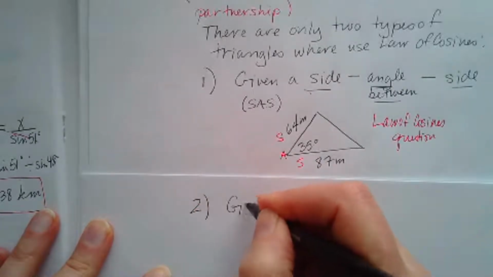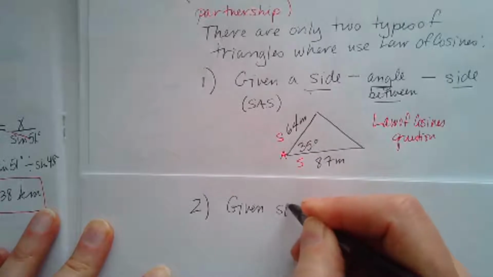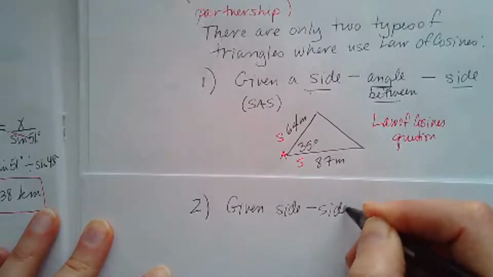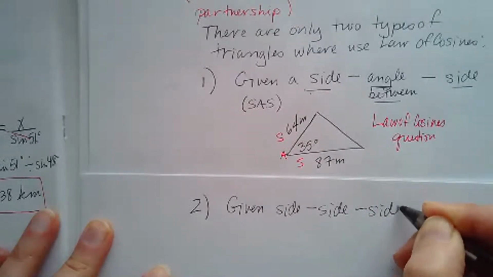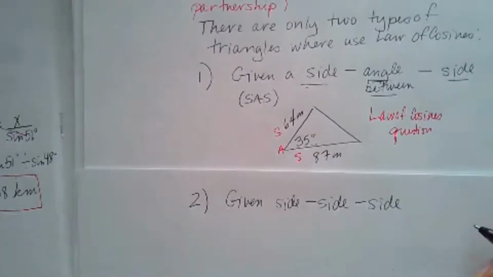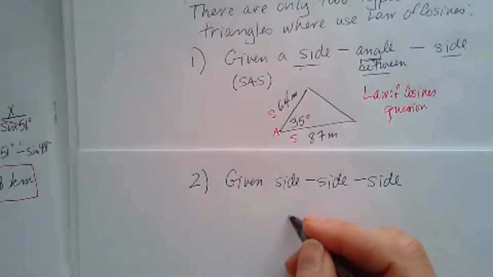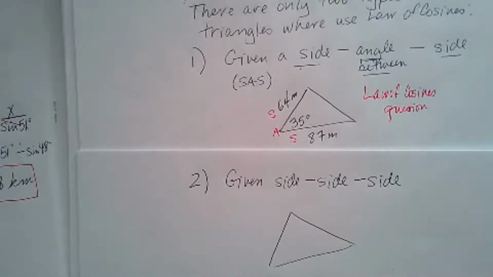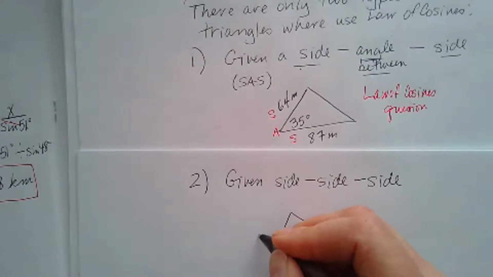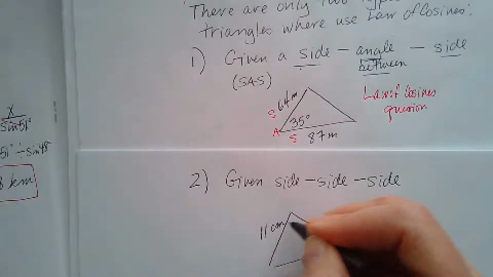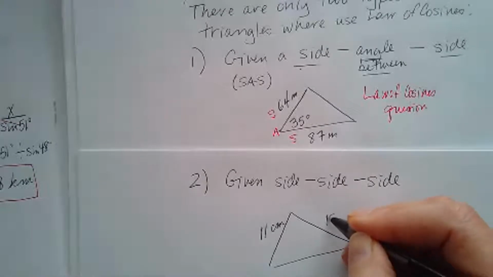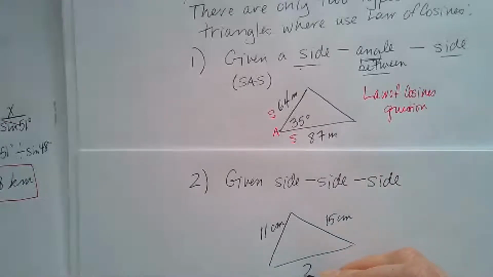If we're given a side and a side, given all three sides, right? Those will be very easy to recognize because they just look like this, right? Could be like 11 centimeters, 15 centimeters, 21 centimeters, right?